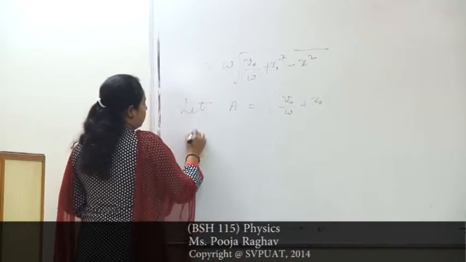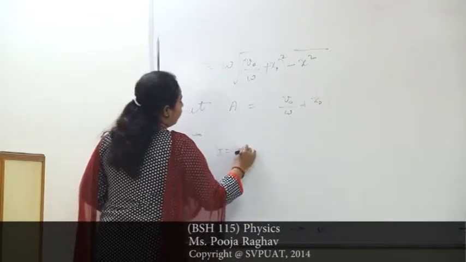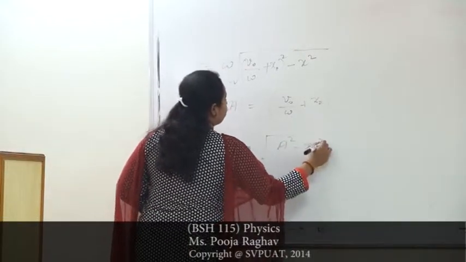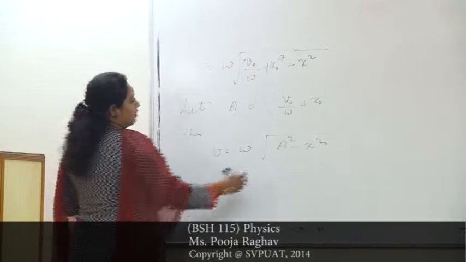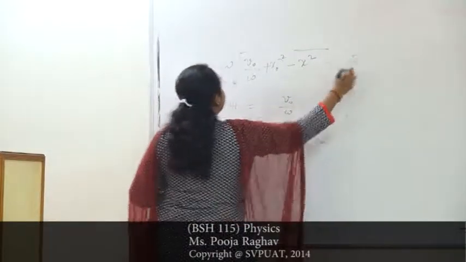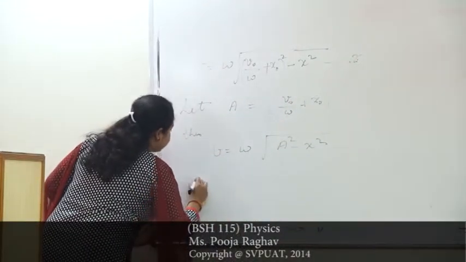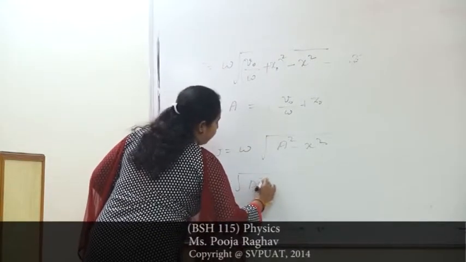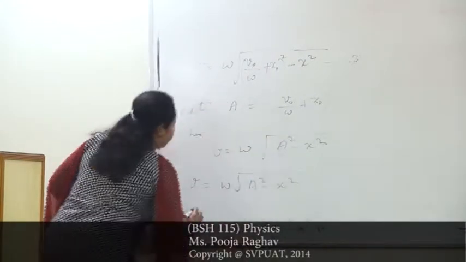Then v equals omega under root a square minus x square. We put this value into equation 2, that is v equals omega under root a square minus x square.